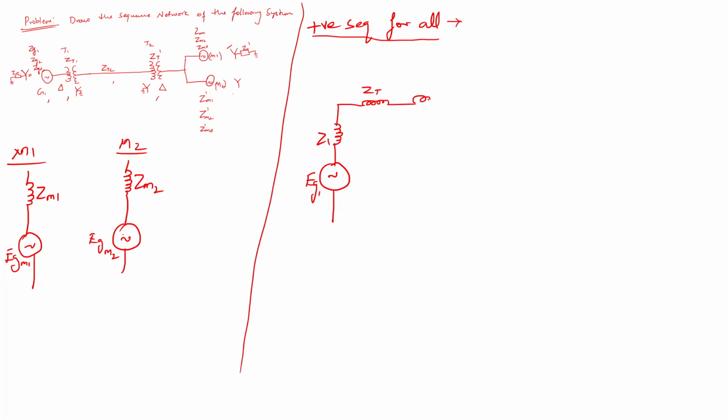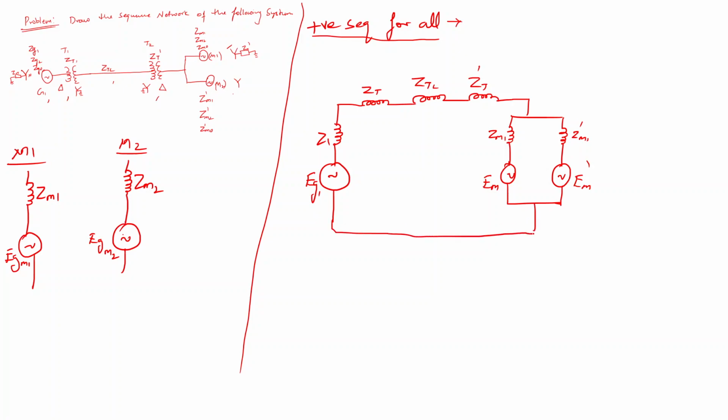And then I have a transmission line ZTL, and again a transformer ZT dash, and it is connected to two motors having two different values of impedance, that is EM and EM dash, and this is EM1, and this is ZM1 dash. Okay, and these two are connected here, and this is reference.